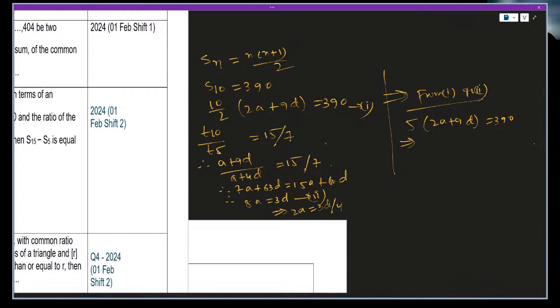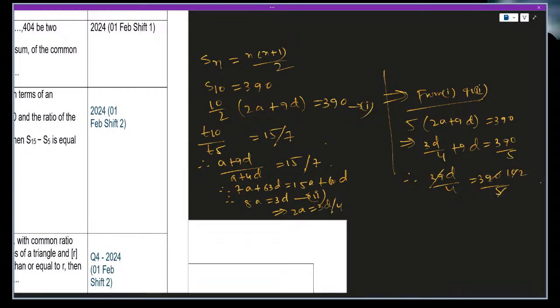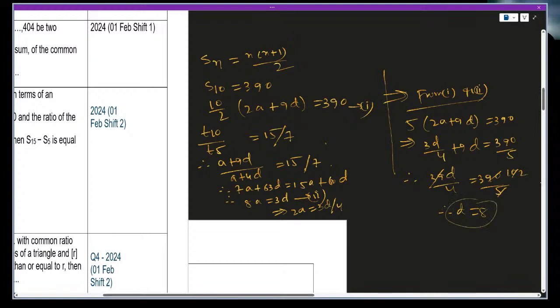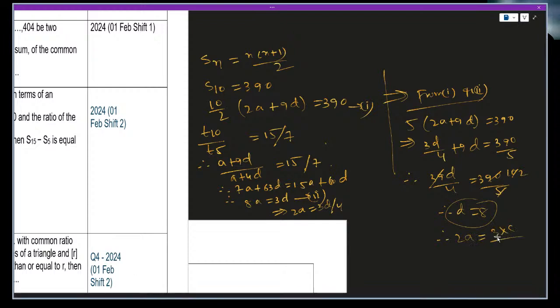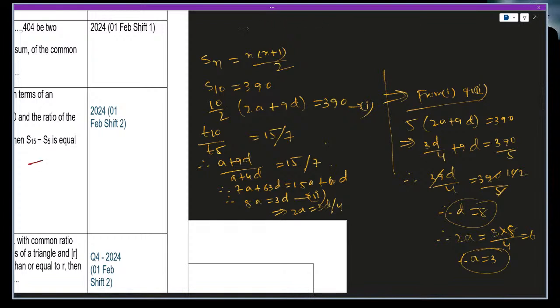So just write 3d by 4, 90 equal to 390 by 5. 39d by 4. So 39, 10, 2. d is coming 8. If d is 8, then 2a equal to 6. So a equal to 3. a is 3 and d is 8. So now everyone can find the value of this thing.